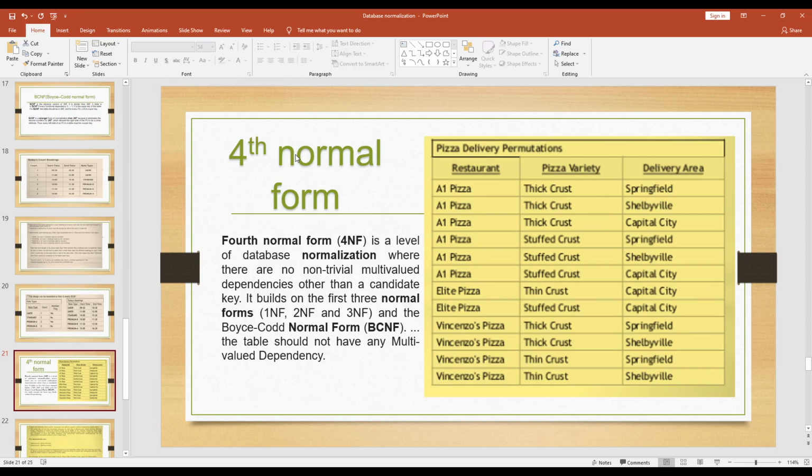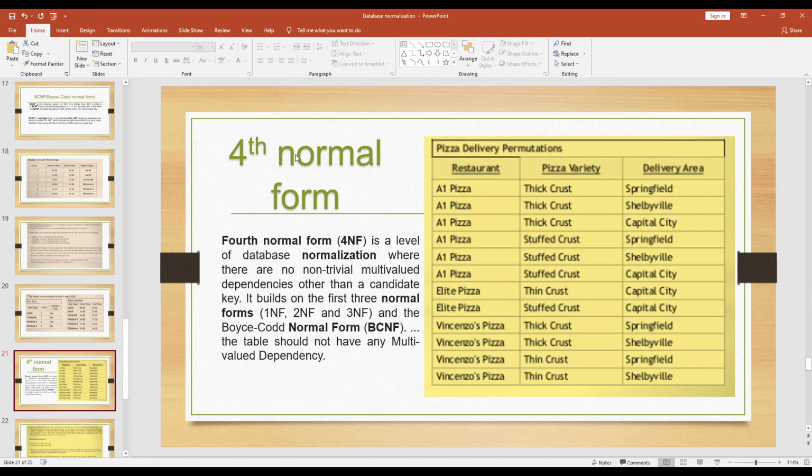Delivery area. First row Springfield. The second row Shelbyville. Third row Capital City. Fourth row Springfield. Fifth row Shelbyville. Sixth to seventh rows Capital City.